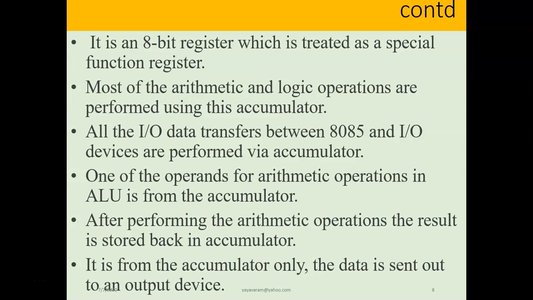Very important. All the I/O data transfers between the 8085 and I/O devices, input-output devices, are performed via the accumulator only. No other register will be helpful. Suppose I want to input some data, that instruction will work only on the accumulator. Suppose I want to use the rotate instruction, that instruction will only work on the accumulator. Clear? Similarly, shift.